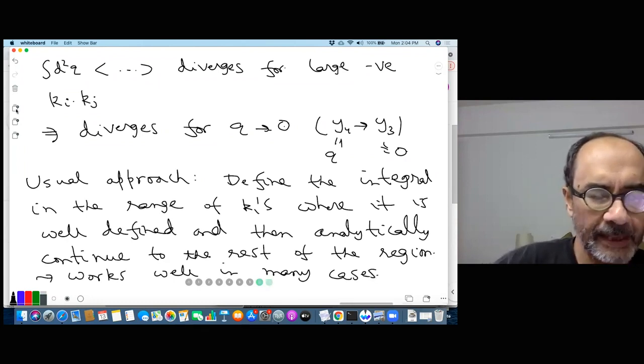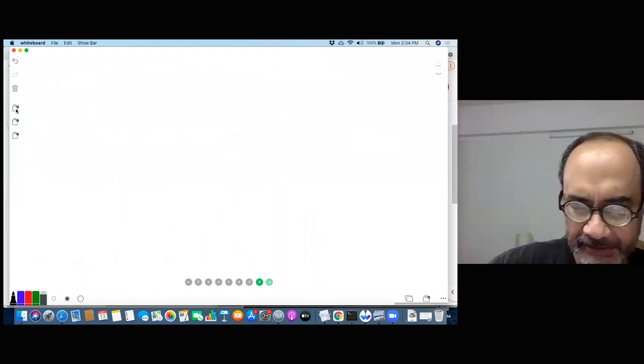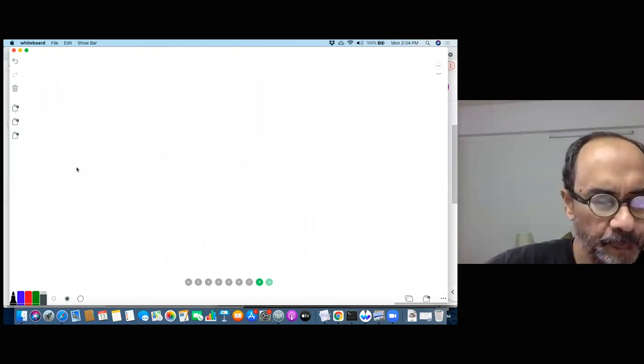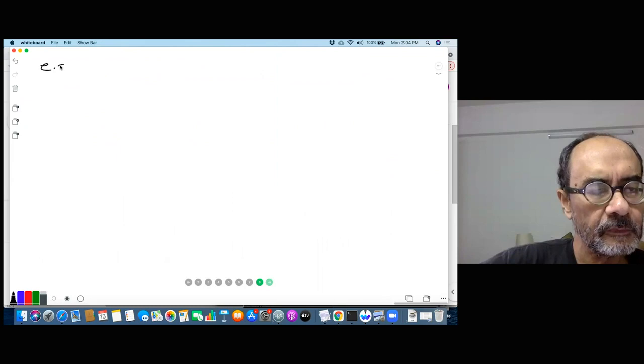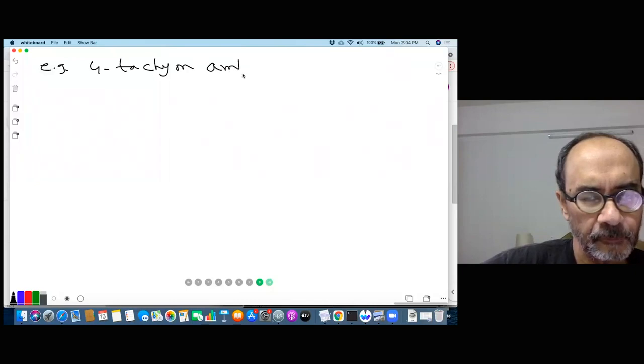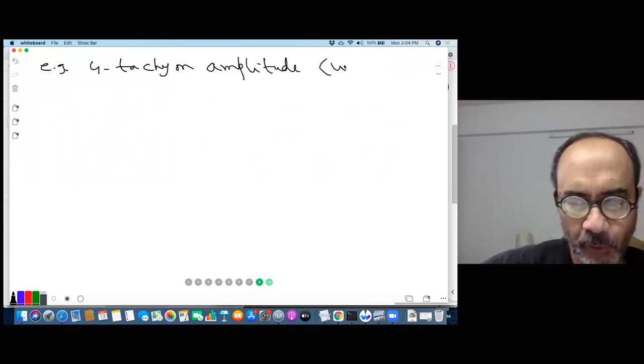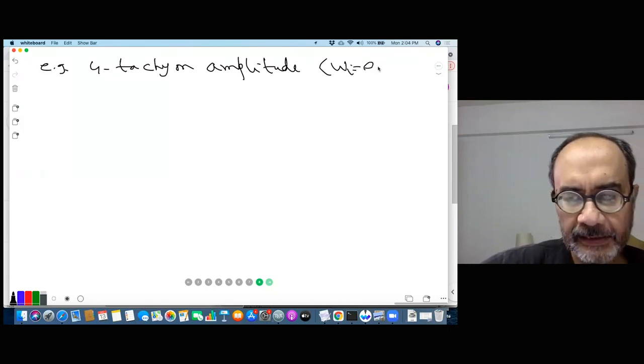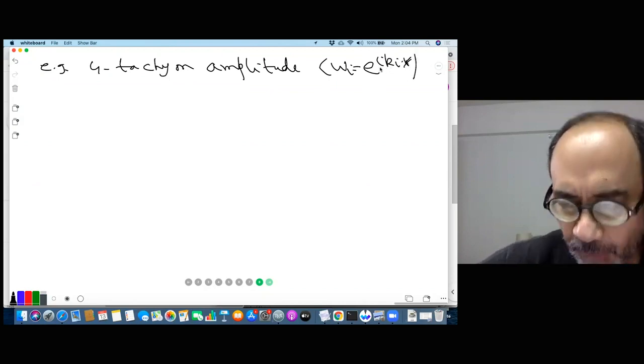And to give you an example, I'll write down the result for the 4 tachyon amplitude. Okay, so for tachyons, let me remind you that Wi is just e to the I ki dot x. No parts of derivatives of x, just e to the I ki dot x.